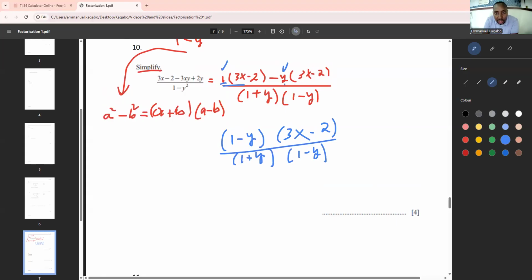This one with this, and this one are the same. So you write 1 minus y. That's what I have here. Now, when you reach here, what do you do next? When you check, this is exactly the same as that. So the final answer will be 3x minus 2 over 1 plus y. That is it. Easy as pie.